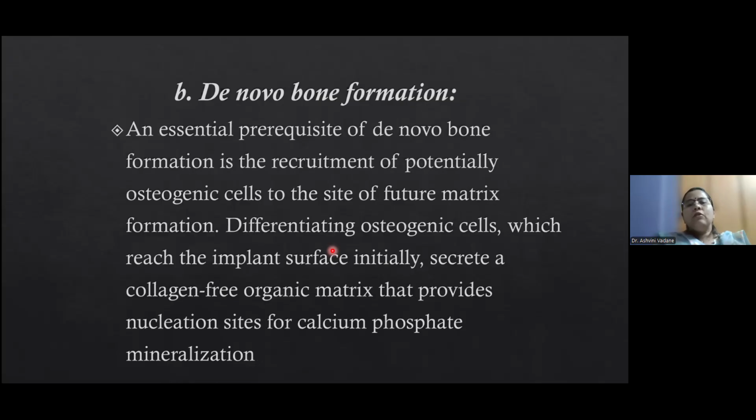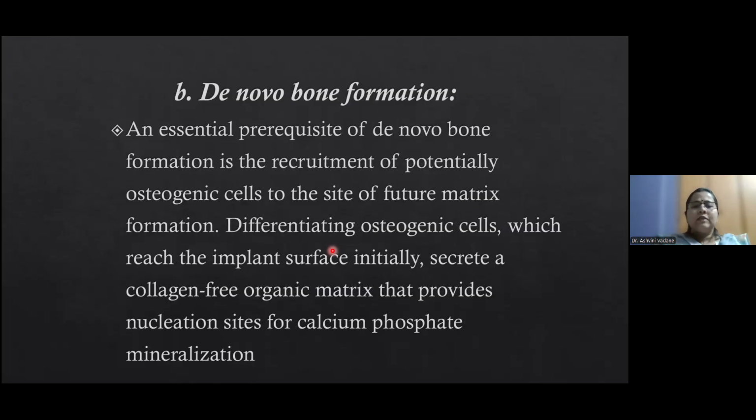Now we will see the de novo bone formation. An essential prerequisite of de novo bone formation is the recruitment of potentially osteogenic cells to the site of future matrix formation.